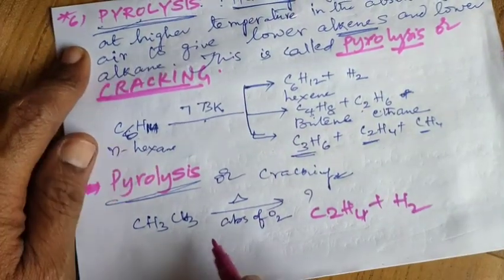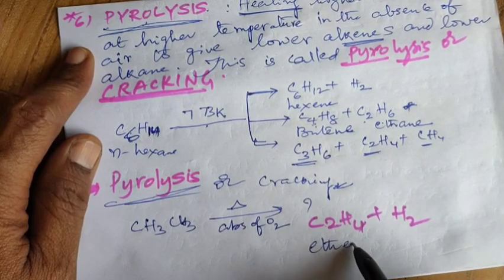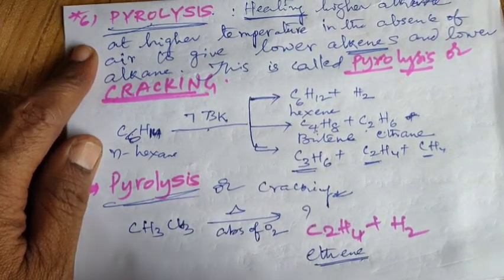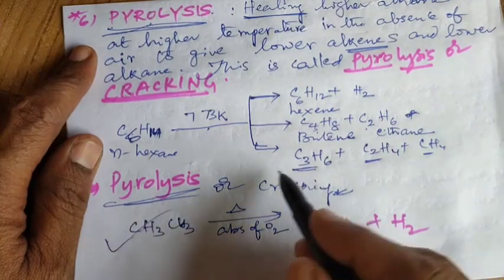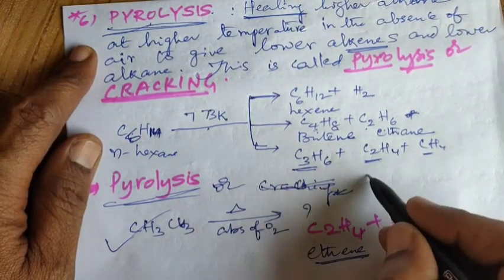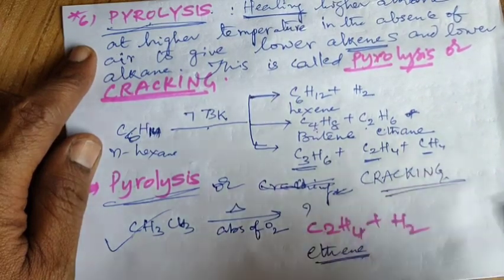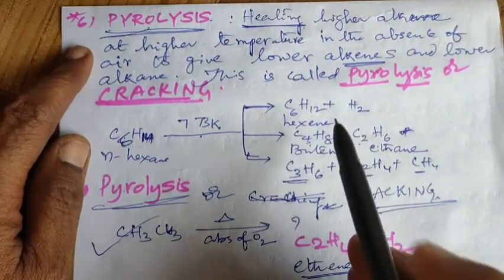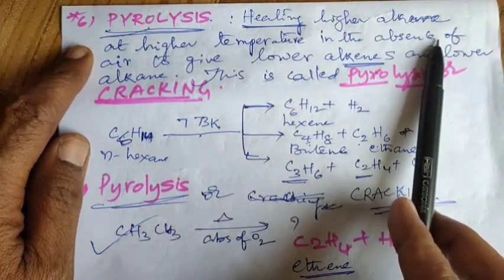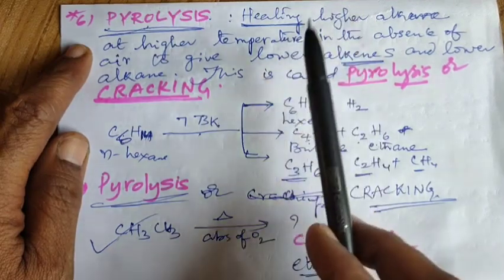This is a very major process to get ethylene or ethene in the USA. And it is an example of which reaction? Cracking. How do you write the definition? Heating an organic compound in the absence of air at higher temperatures is known as cracking.